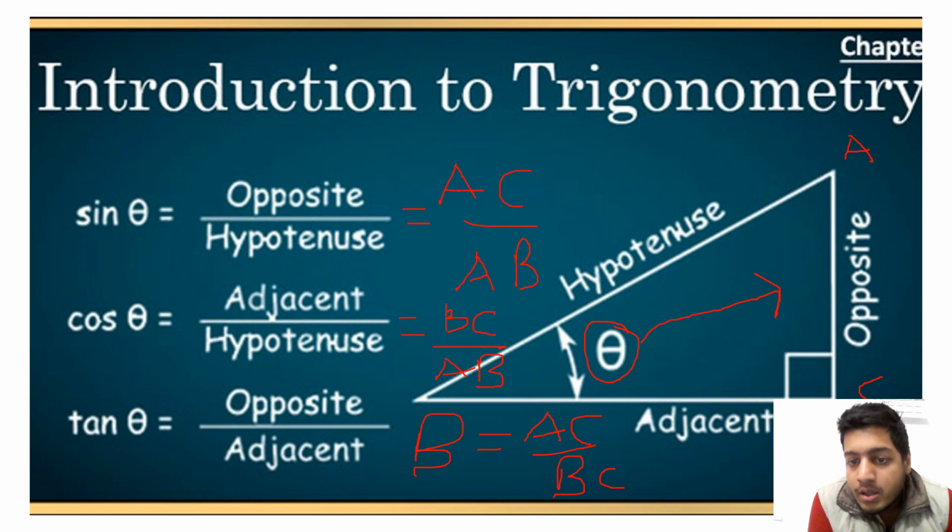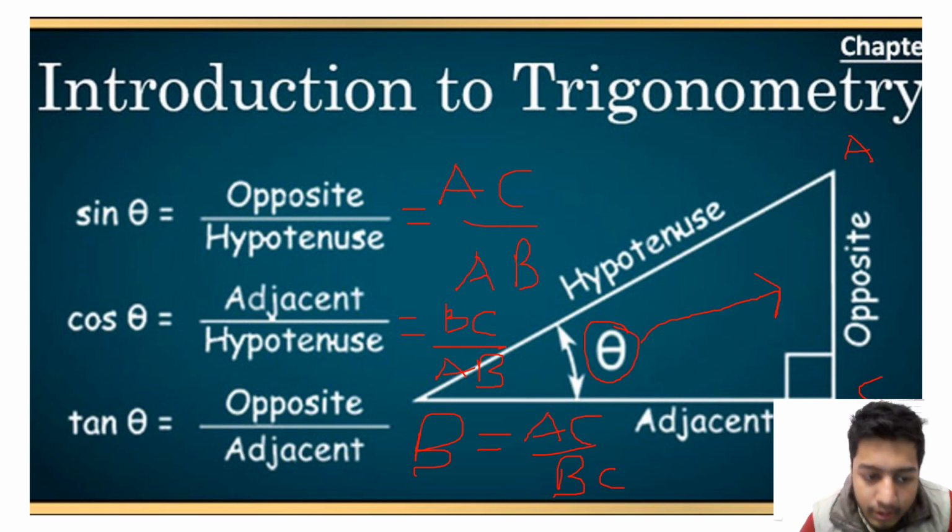Okay, so again I am repeating, sine theta will be equal to perpendicular upon hypotenuse, where perpendicular is the side that is opposite to the angle which we are writing the formula for. Similarly, cos theta will be equal to base upon hypotenuse, and tan theta will be equal to perpendicular upon base. Okay, so you can note it down, pause the video, note it down, and we can move to the next slide.